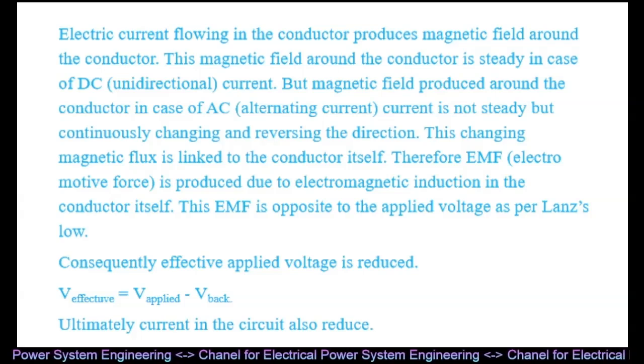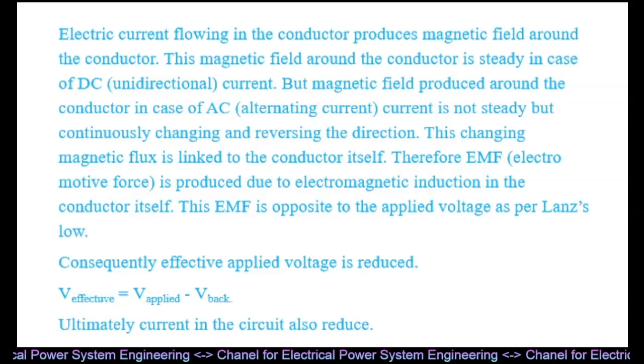But the magnetic field produced around the conductor in case of AC, alternating current, is not steady but continuously changing and reversing direction. This changing magnetic flux is linked to the conductor itself. Therefore, EMF, electromotive force, is produced due to electromagnetic induction in the conductor itself.